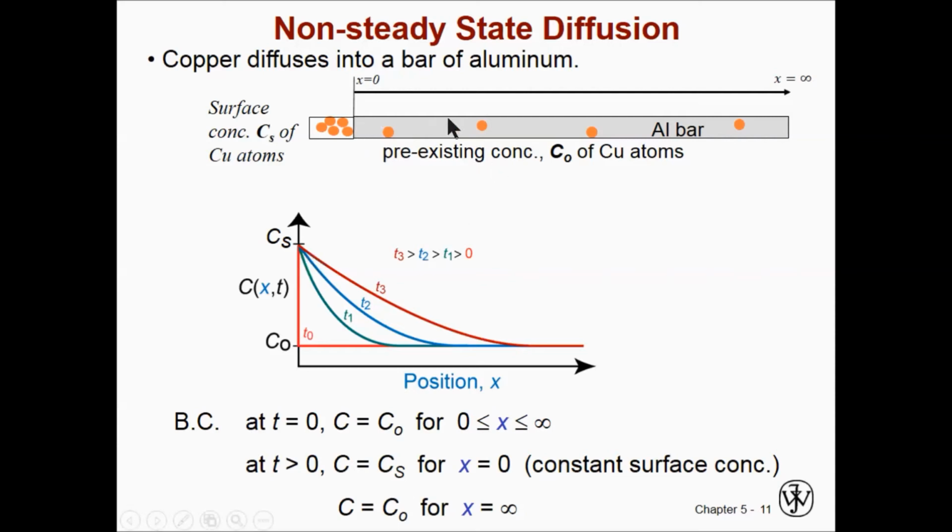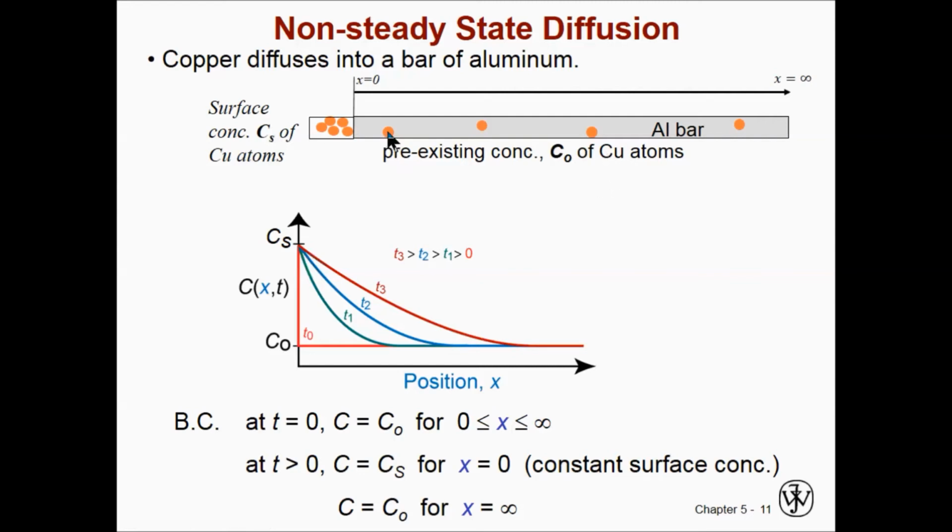Here we have an aluminium bar, the gray one. In the aluminium bar I have orange atoms, which is copper. These are impurity atoms inside aluminium, so it was there before diffusion.